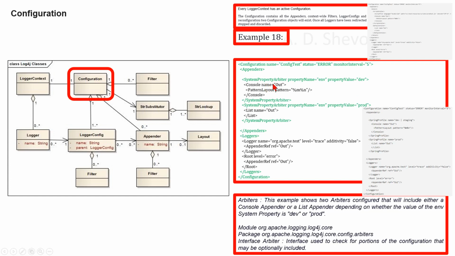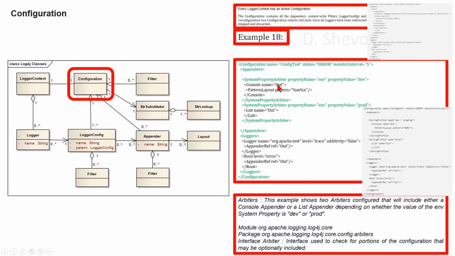An arbiter is a Log4j plugin that has the job of determining whether other configured elements should be included in the generated configuration. While the other core plugins are designed to execute as part of Log4j's runtime logic, arbiters execute after the node tree has been constructed, but before the tree is converted into configuration.